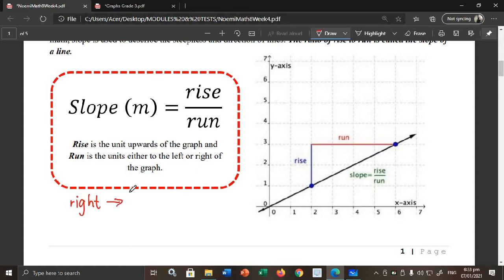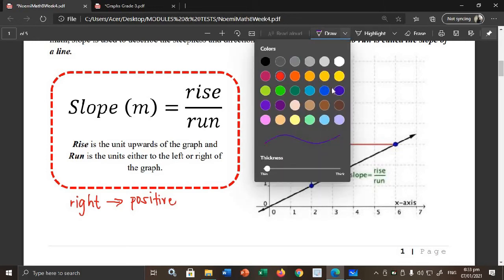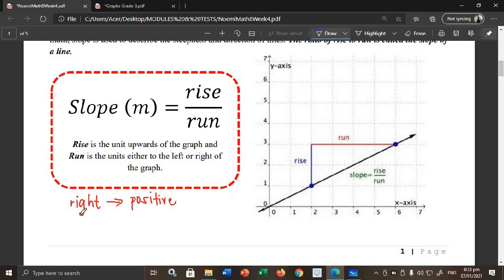Okay? If it is running to the right, it is positive. Kapag naman on the left, it is negative.